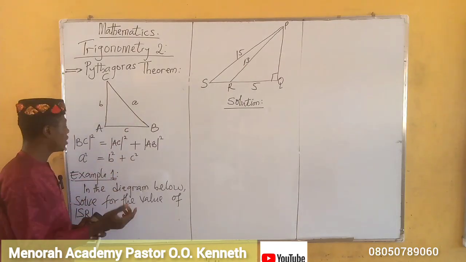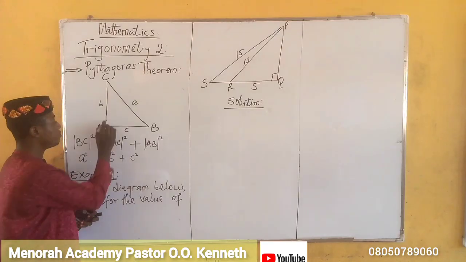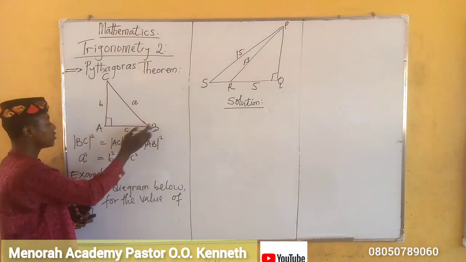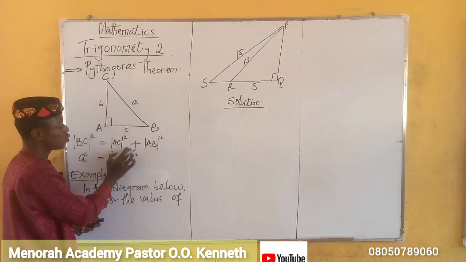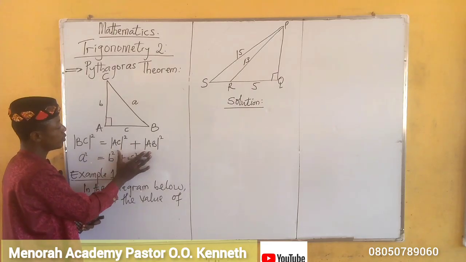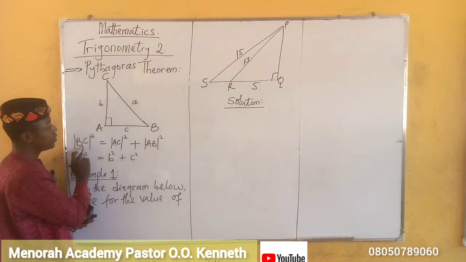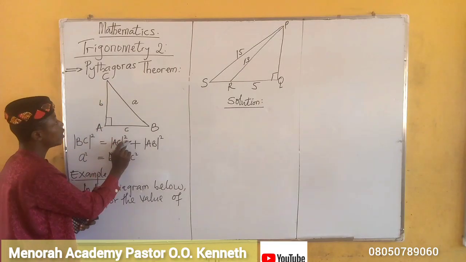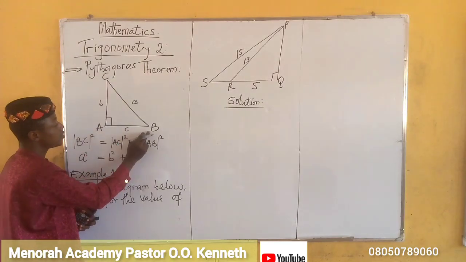Pythagoras theorem says that in a right angle triangle, the long side, which is the hypotenuse, squared, is equal to the sum of the squares of the two remaining sides. So line BC squared is equal to line AB squared plus line AC squared.